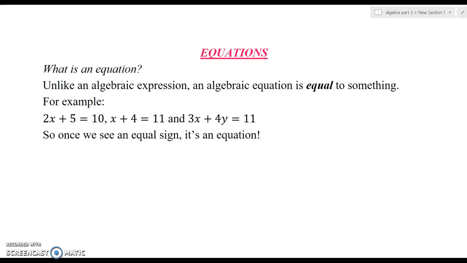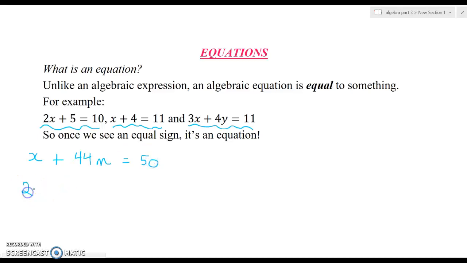For example, some examples of equations are 2x plus 5 equals 10. Then we have x plus 4 equals 11. Then we have 3x plus 4y equals 11. Some more examples could be x plus 44m equals 50.